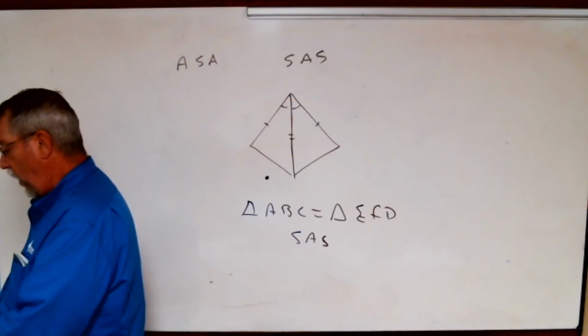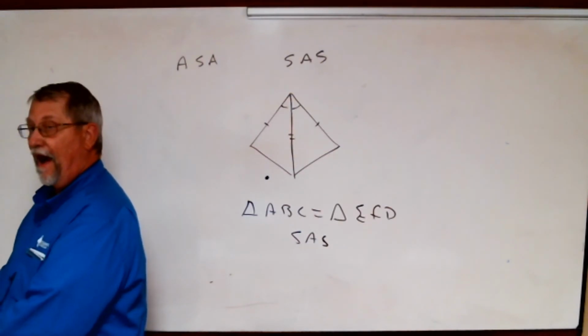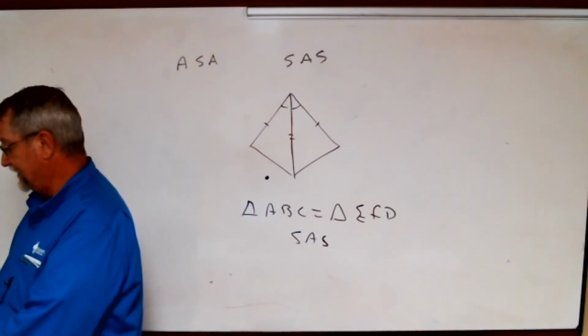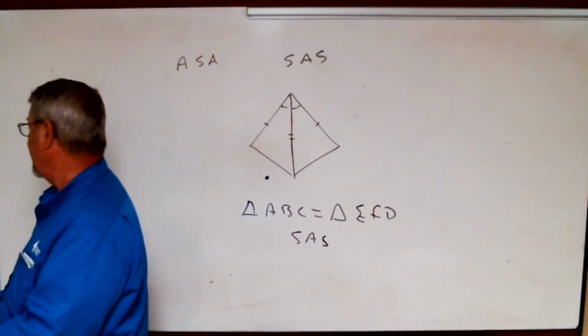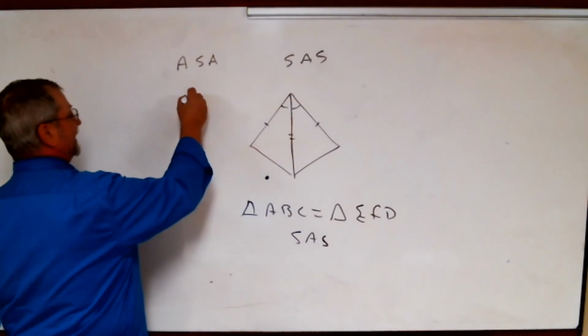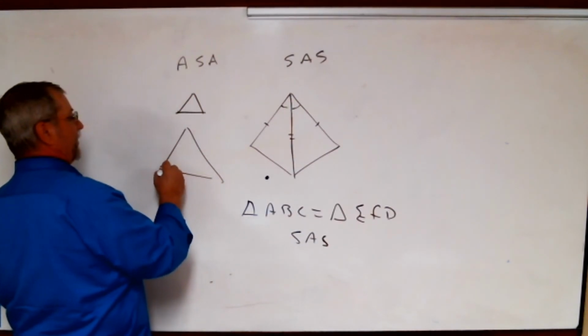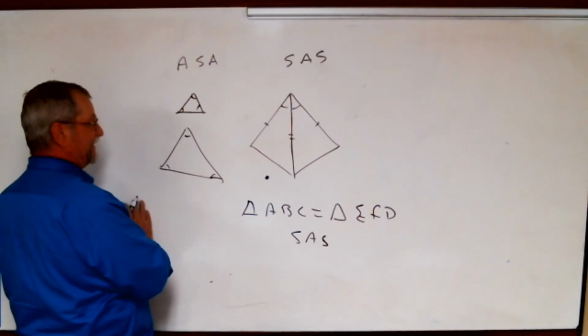Now, all I know is that there are 2 equilateral triangles. I know that they all have 60-degree angles, but I don't know anything about sides. So I can't have triangle congruence without knowing the lengths of the sides. Because I can have this and I can have this. All the angles are the same, but the sides are definitely not the same.